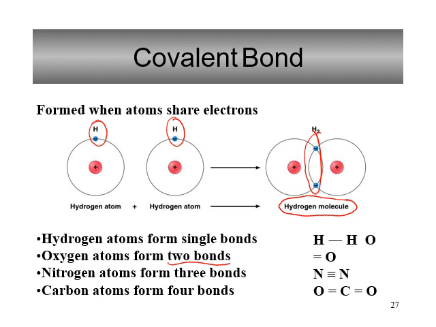So it forms a double covalent bond. Nitrogen shares three pairs of electrons to form a nitrogen molecule. So it forms a triple covalent bond. And carbon needs 4 electrons to fulfill the octet rule. So with oxygen, carbon forms a double covalent bond to form a CO2 molecule.